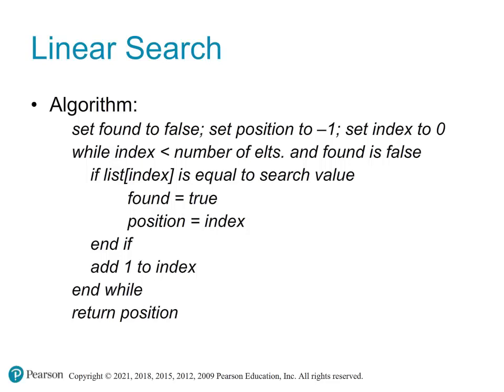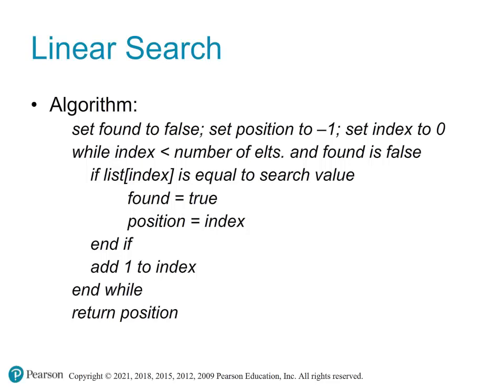Inside the loop, we check if the current element indicated by list subscript index is equal to the search value. If it is, found is set to true and the position is updated to the current index. After the if statement, or if the condition is not met, index is incremented by 1.